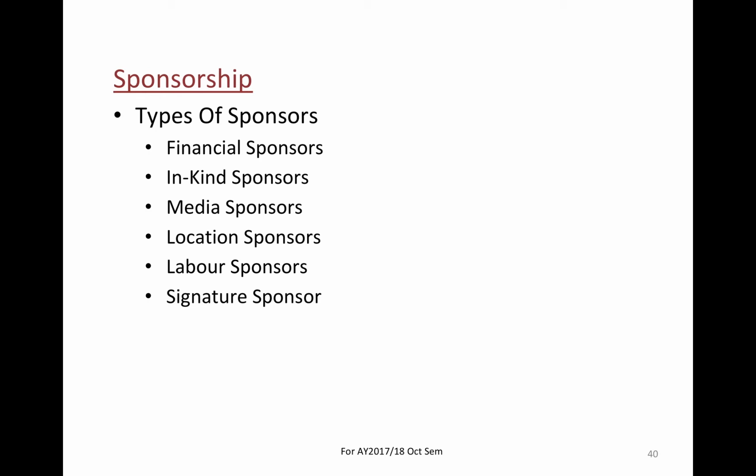Or let's say 早报, they cover your event and help you publicize. That is media sponsorship as well. So location sponsors, label sponsors. What does it mean? Let's say you have an event, you need a barista to come and help you make coffee. If the company sends the barista to come over and help you make coffee during office hours and doesn't charge you a cent, that is label sponsors.